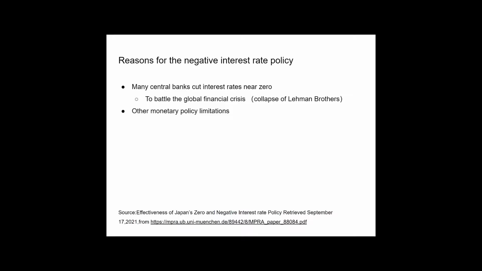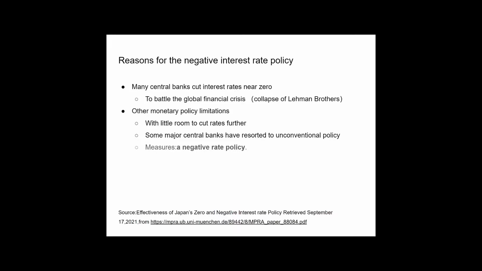Many central banks lowered interest rates to near zero. As there is little room for further interest rate cuts, some major central banks have adopted unconventional policy measures, including negative interest rate policies.